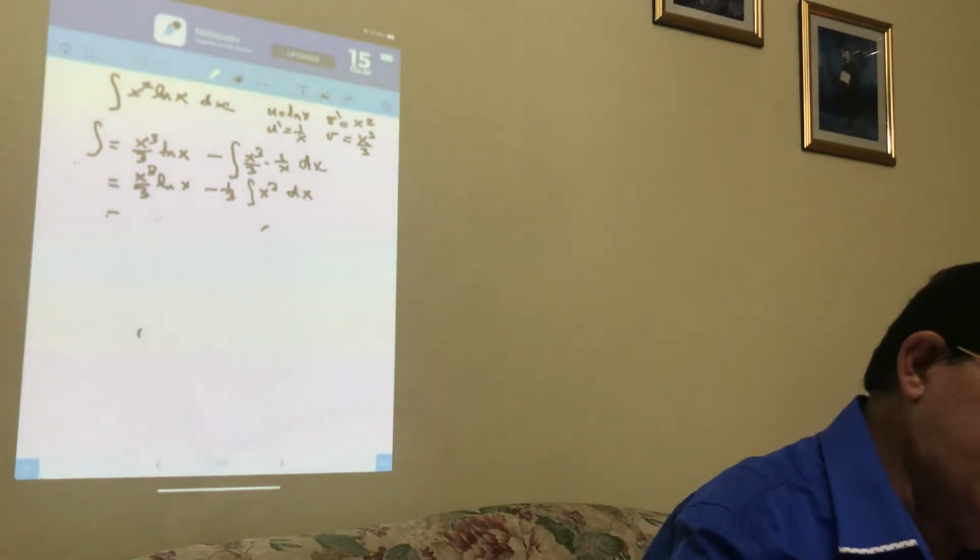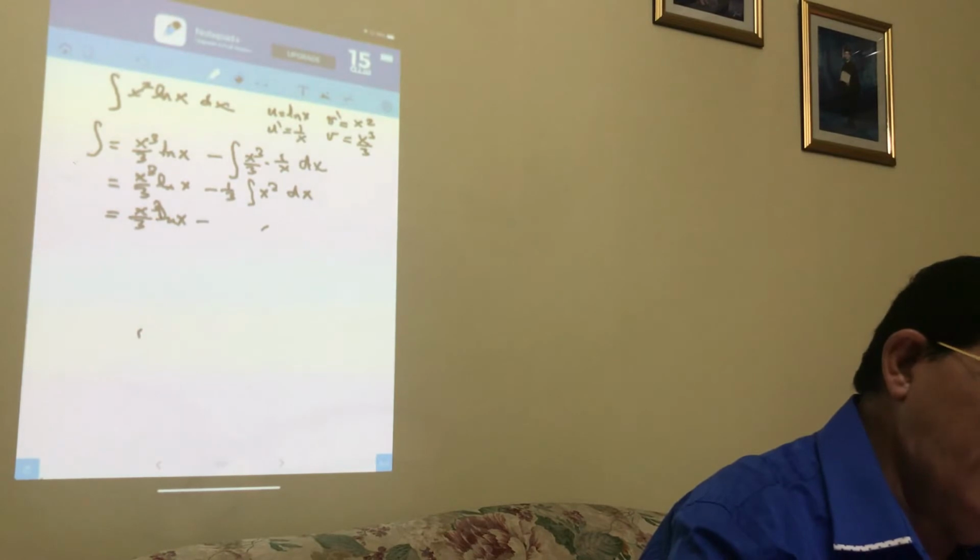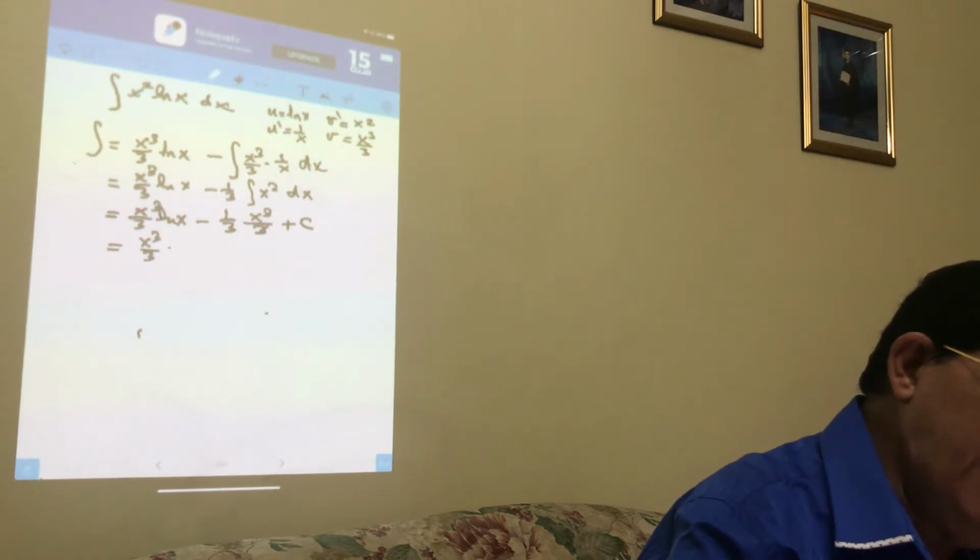Therefore this equals x cubed over 3 ln x minus 1 over 3 times the integration of x squared, which is x cubed over 3, plus c. And therefore the answer is x cubed over 3 ln x minus x cubed over 9 plus c.